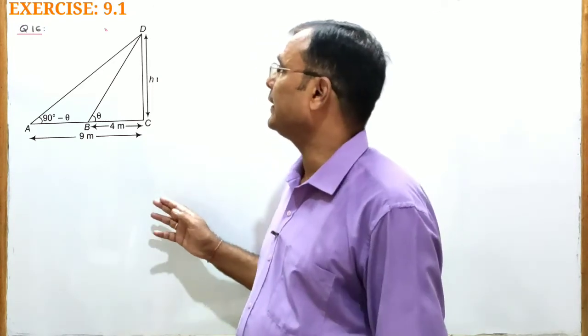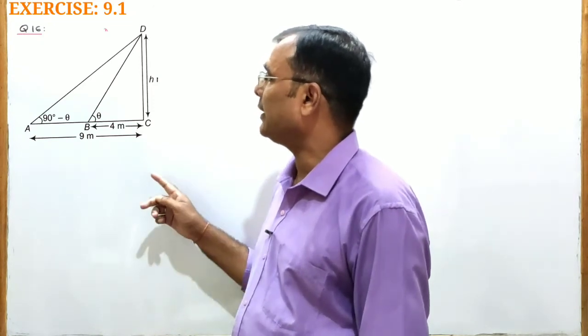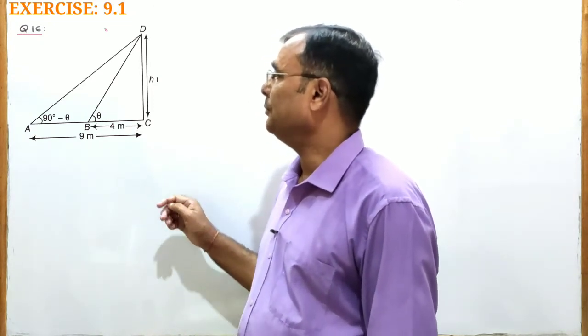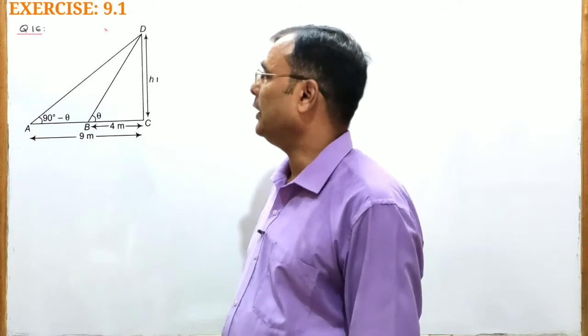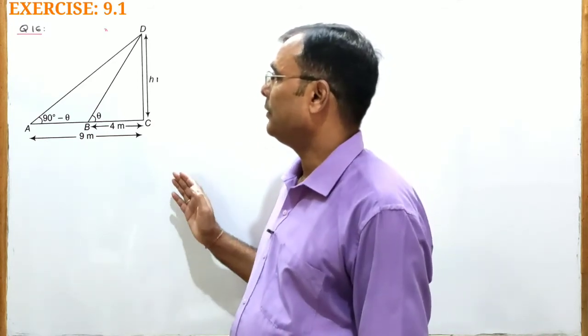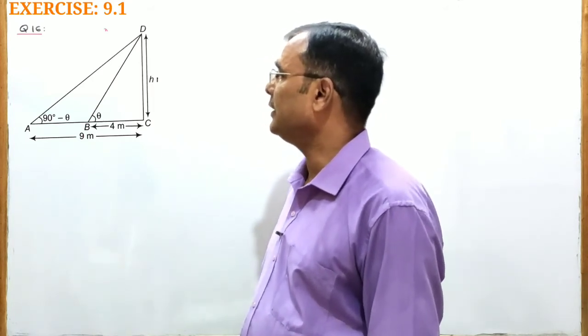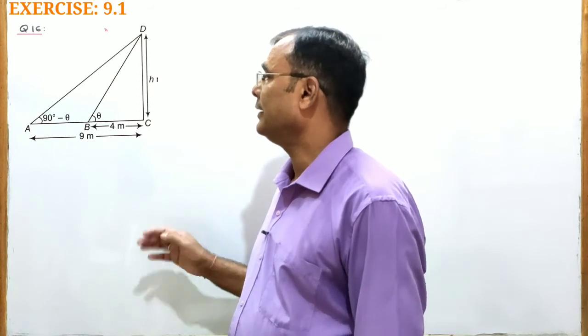So let us take the angle of elevation of the top of the tower at point B be theta and at point A be 90 degrees minus theta, at distances 4 meter and 9 meter from the foot of the tower C.